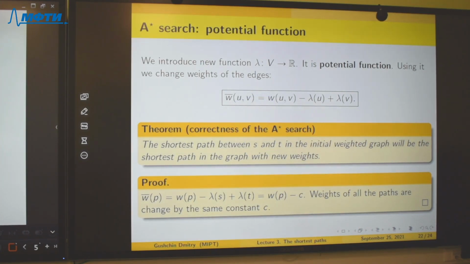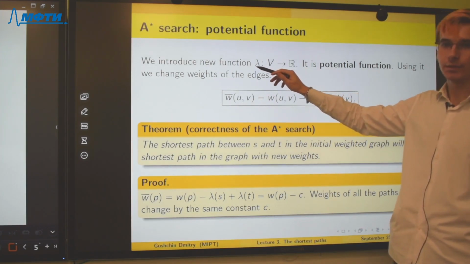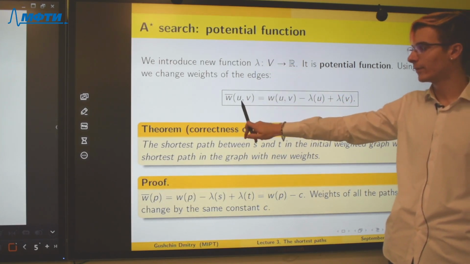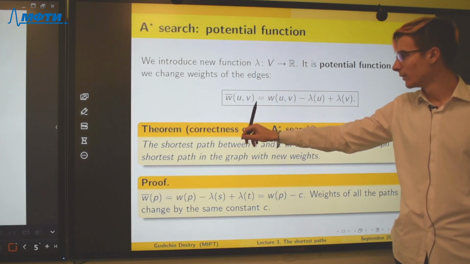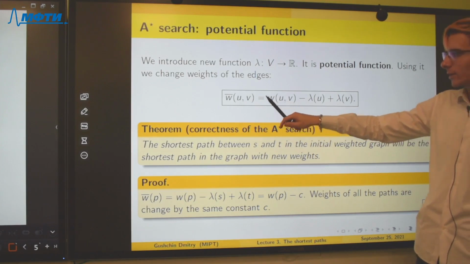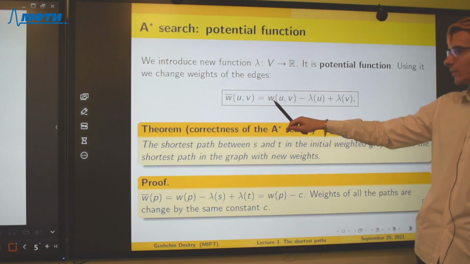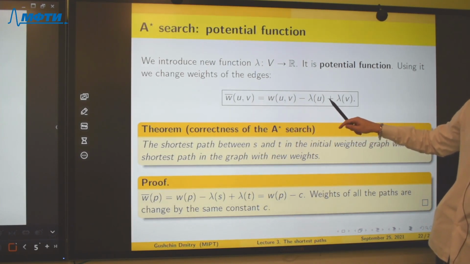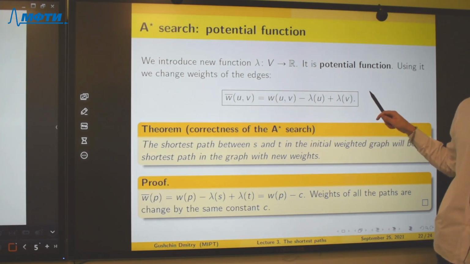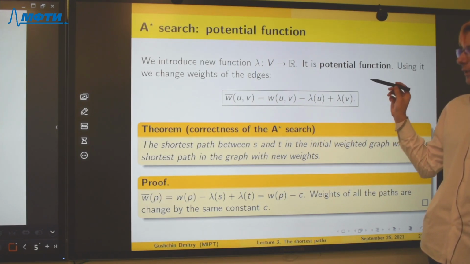We can set for all vertices a new function that we name the potential function, and we change weights for all edges: the weight from U to V, we change it to a new weight equal to the old weight minus the potential of the start point plus the potential function of the end point. It will be the new function of weights of the edges.